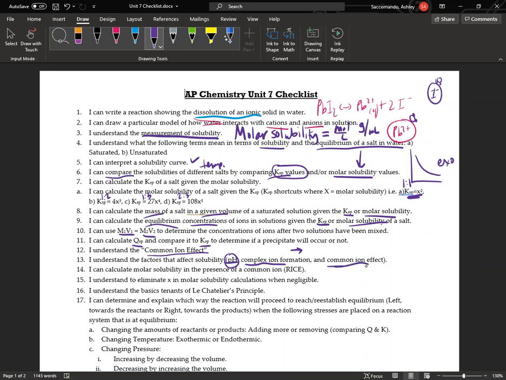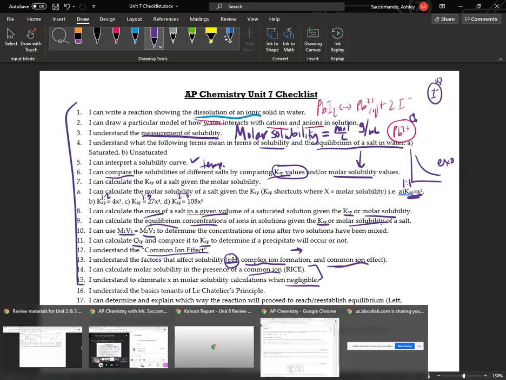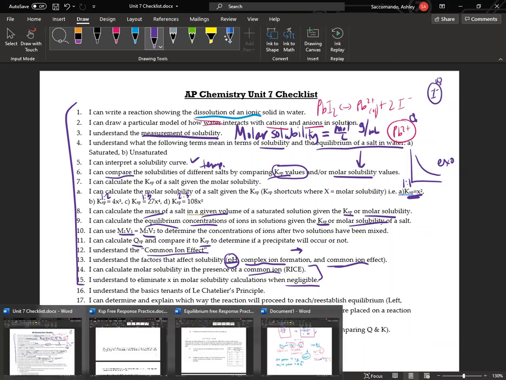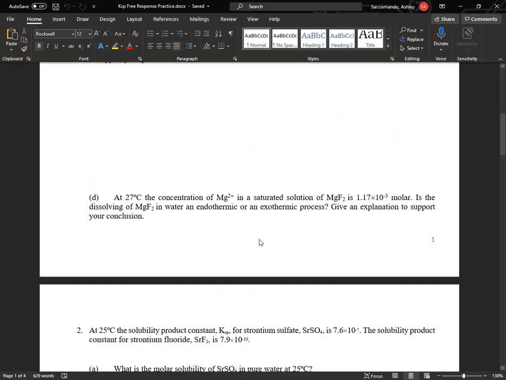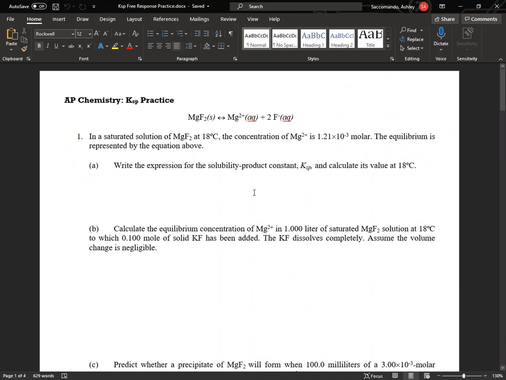And we already talked about the common ion effect. So the negligible part, yes, removing that, and then the presence of the common ion in the RICE table. So this pretty much covers everything about Ksp. So let's look at Ksp problems specifically and talk about these examples here.